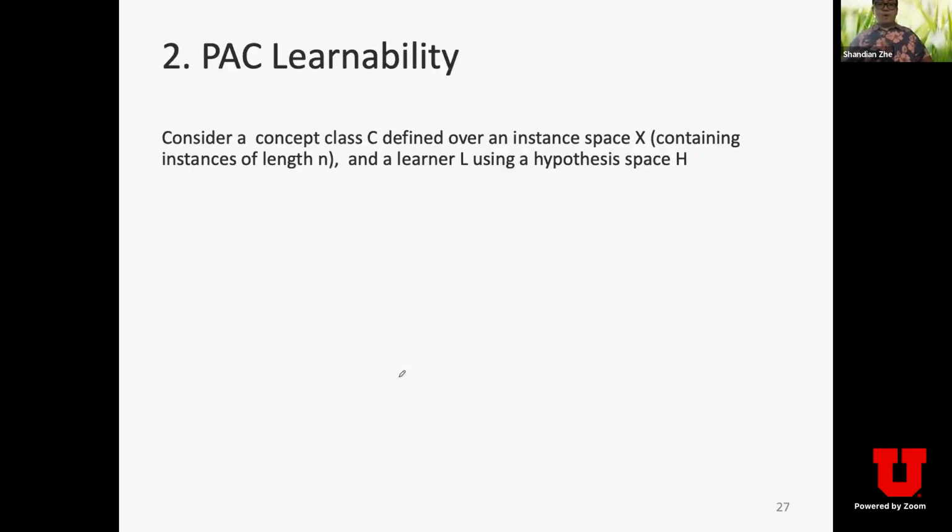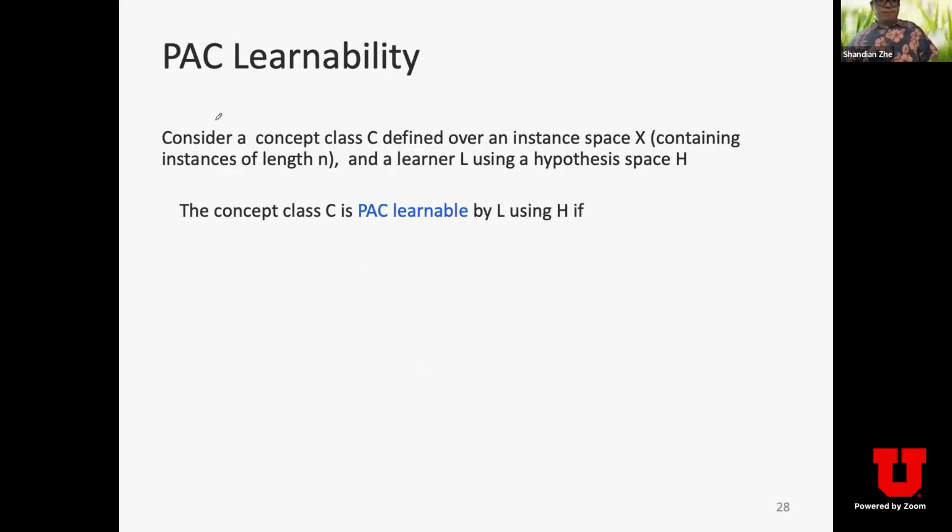And now we can define the concept of PAC learnability, which is way stronger than this. We consider a concept class C, meaning the family of target functions we want to learn, which is a mapping from the instance space X to some output space Y. We assume that your instance is represented by a feature vector of length n.